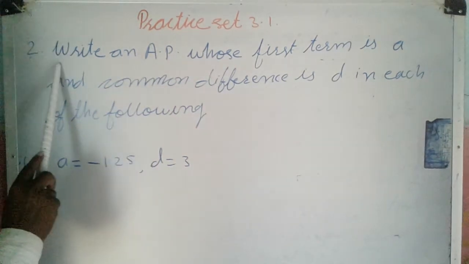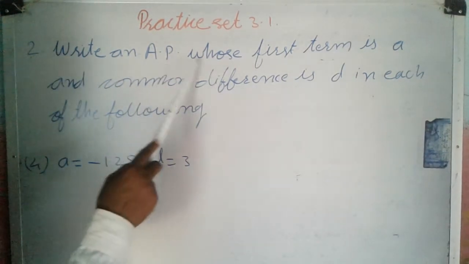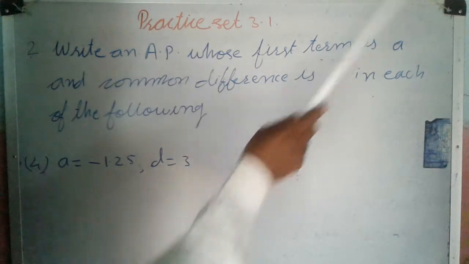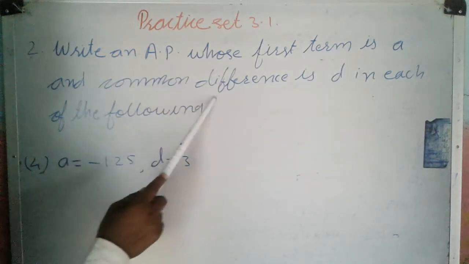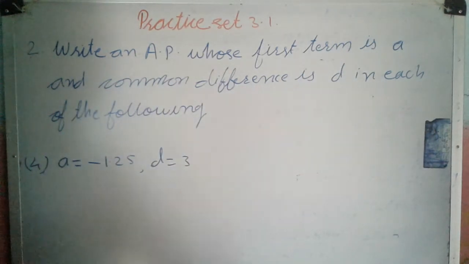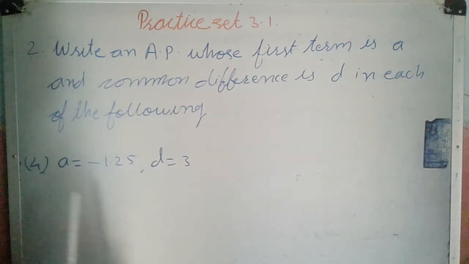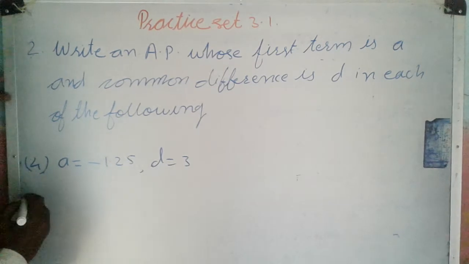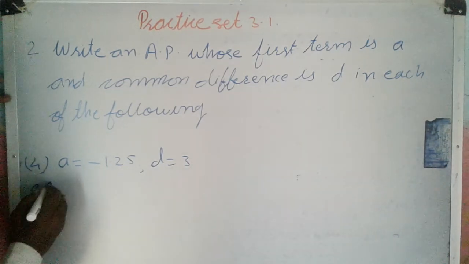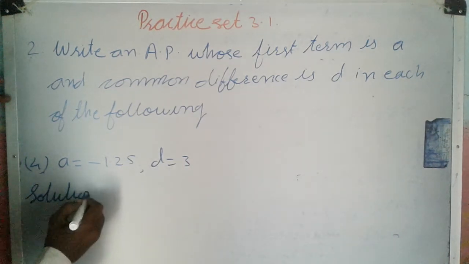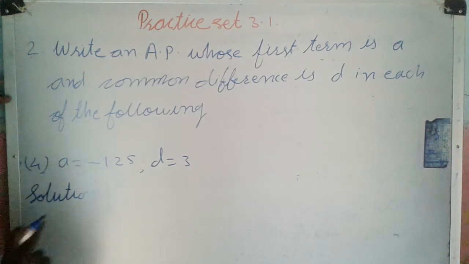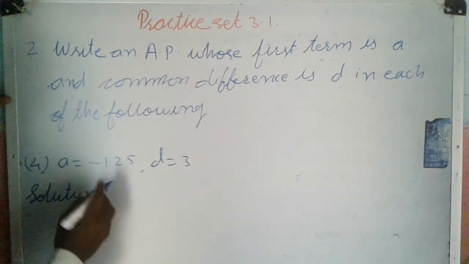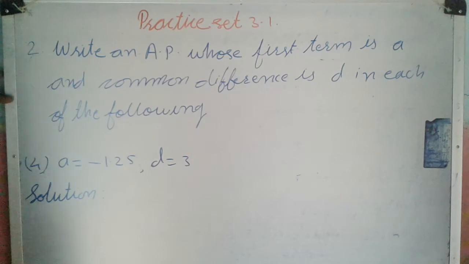Now question number 2. Write an AP whose first term is a and common difference is d in each of the following. Example 4. So see here, first term is given minus 1.25 and common difference is 3.